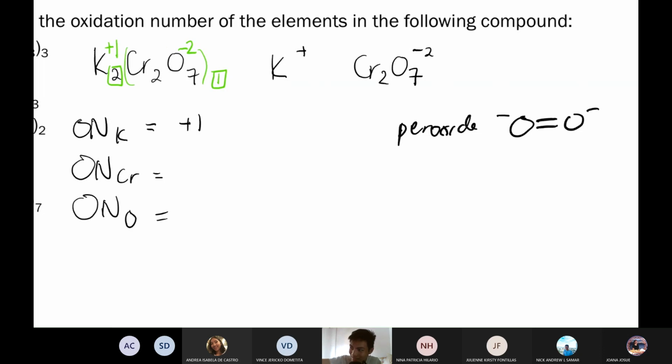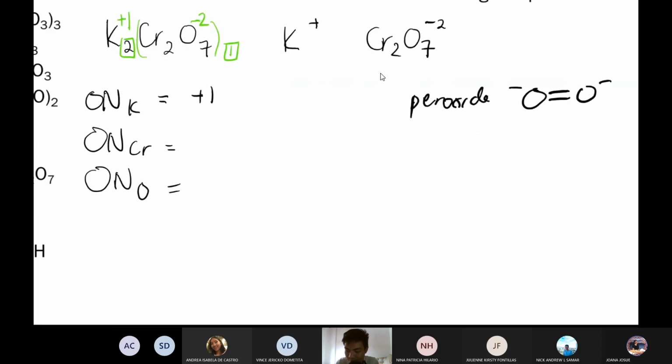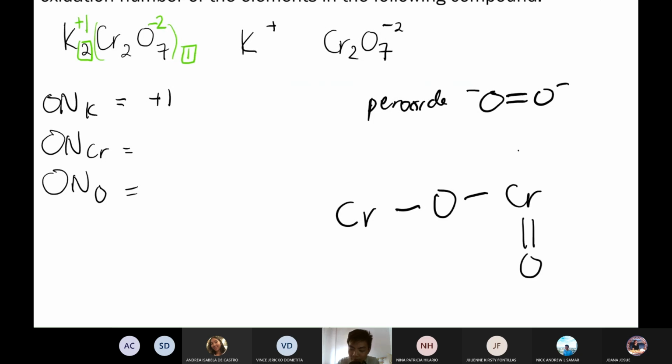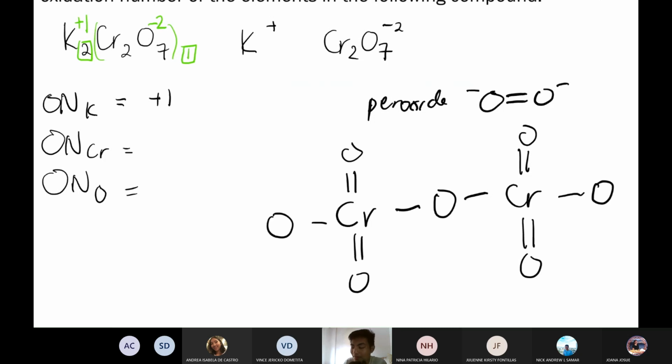Okay. So let's check kung ito ay peroxide, by looking at the Lewis structure. The Lewis structure of that one, you can Google this naman. Ayan.